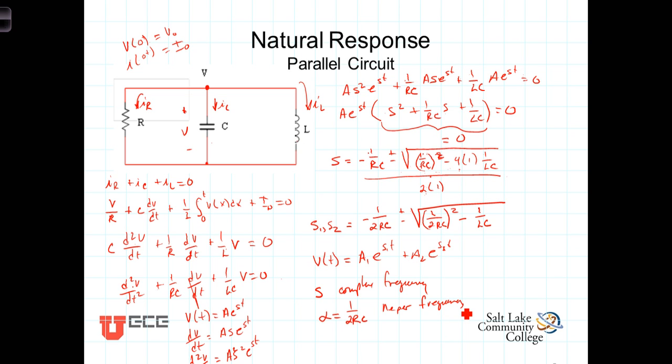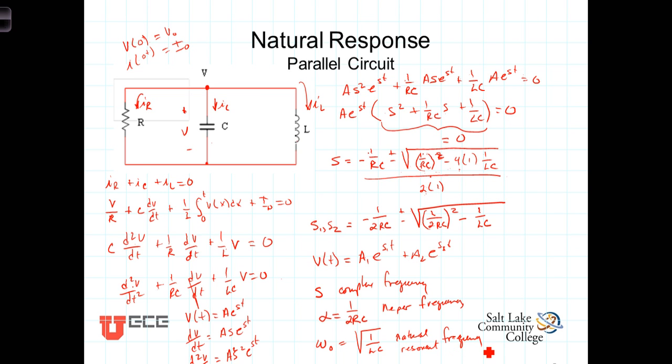We're now going to define one final term. We're going to call it omega naught, which is equal to the square root of 1 over LC. This is known as the natural frequency or the resonant frequency of this circuit.